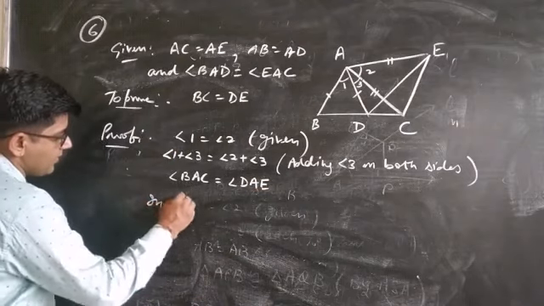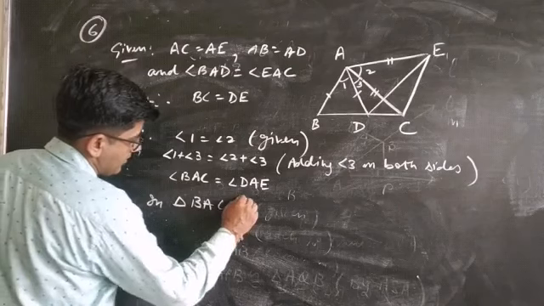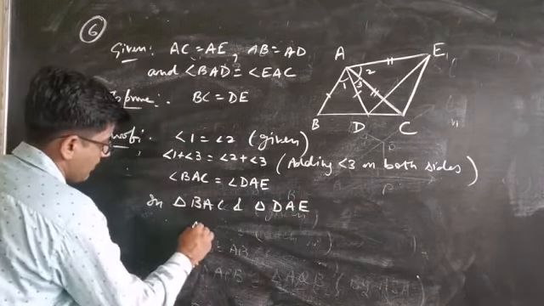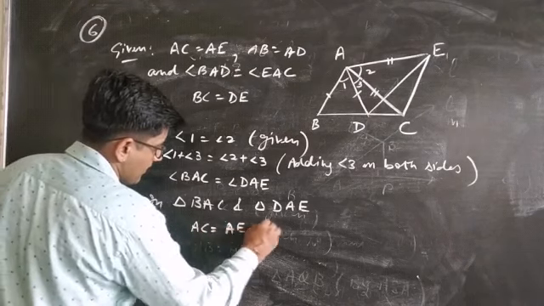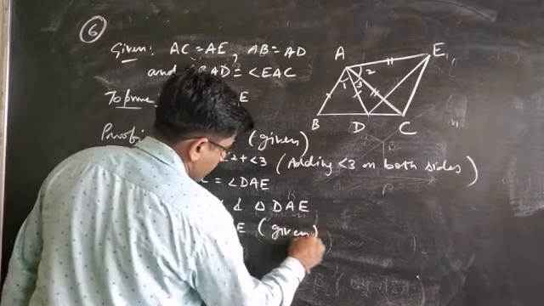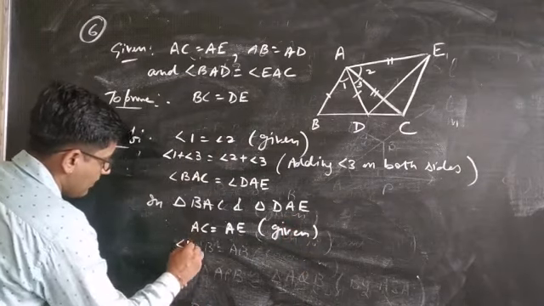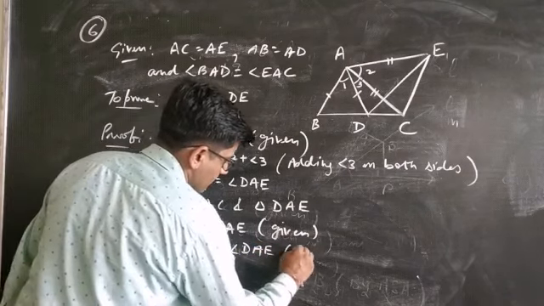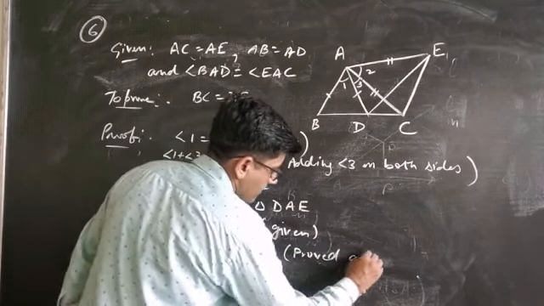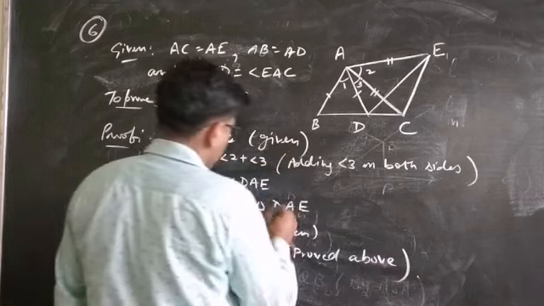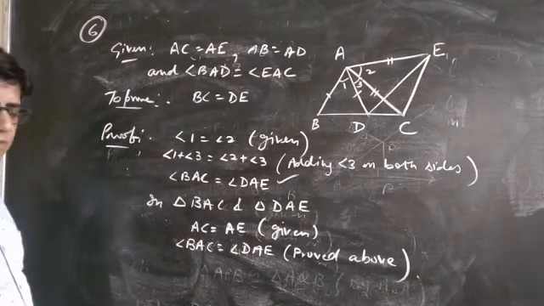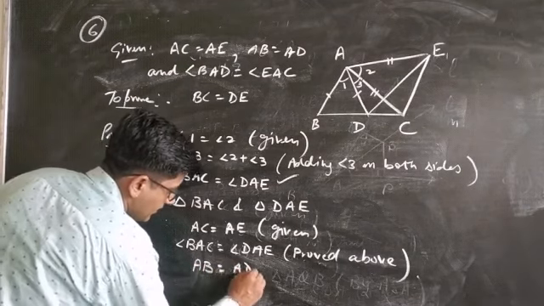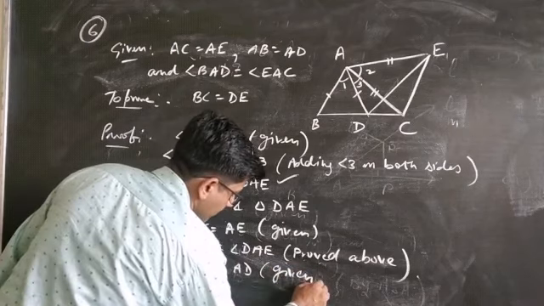So now write in triangle BAC and triangle DAE. First of all, AC is equal to AE, it is given to us. Then angle BAC is equal to angle DAE, that is proved above. We have already proved here that angle BAC is equal to angle DAE. Third one, AB is equal to AD, it is also given to us.